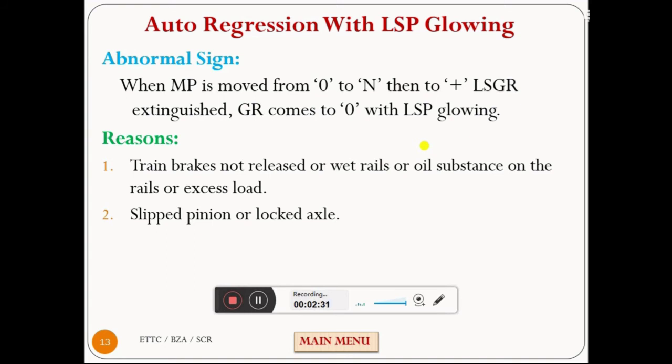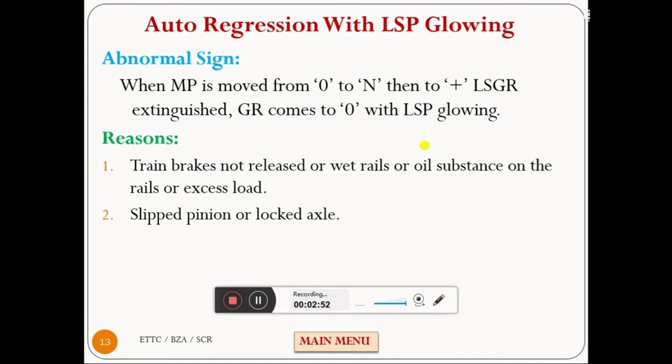The second reason is slipped pinion or locked axle. So this is a defect in the locomotive itself. One of the TM pinions might have slipped.